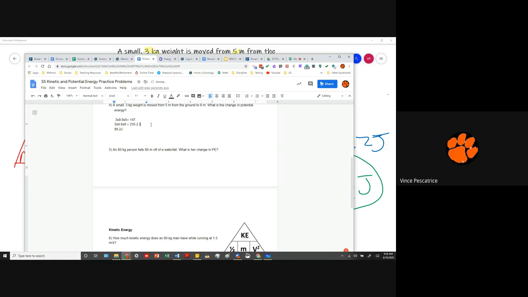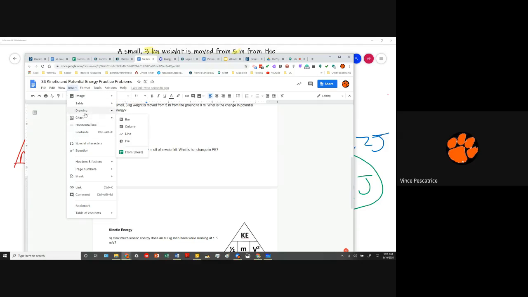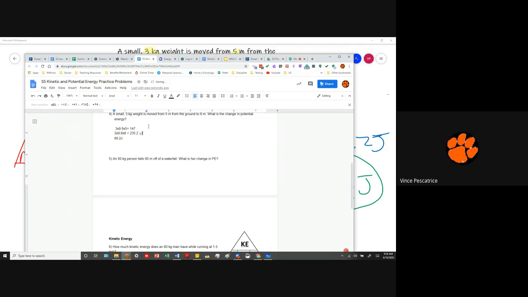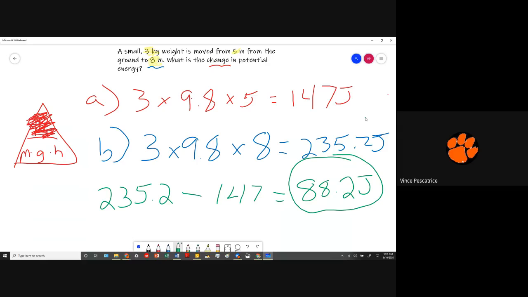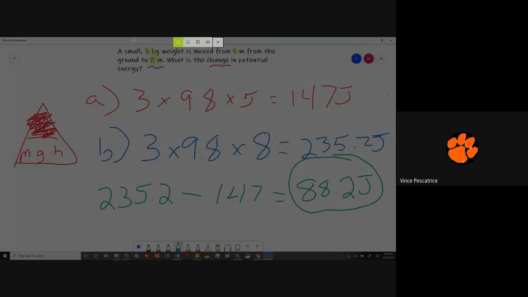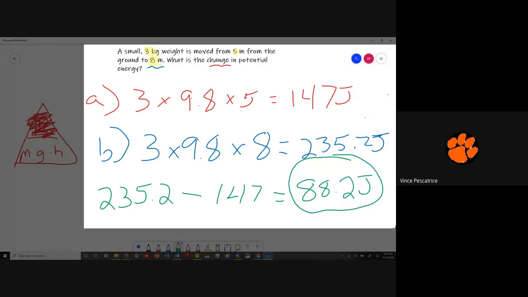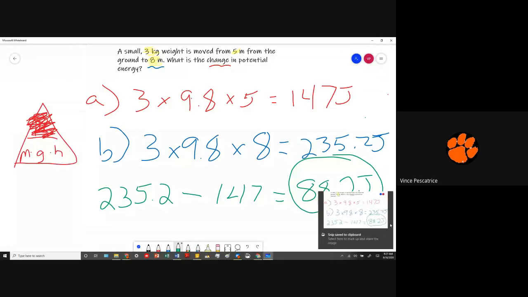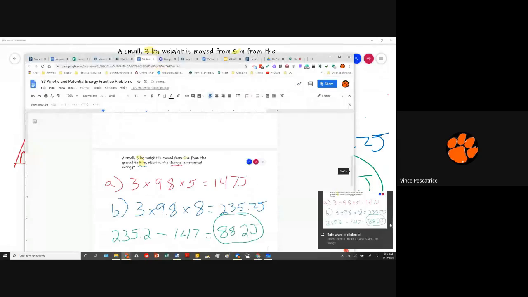If you ever have to divide, use the slash. You could also do the insert. You could do a drawing and draw it out. You could use the equation bar here and make an equation out of it. Or finally, I'm okay if you do this on a scratch sheet of paper and take a screenshot like I'm going to, and then paste it in there.